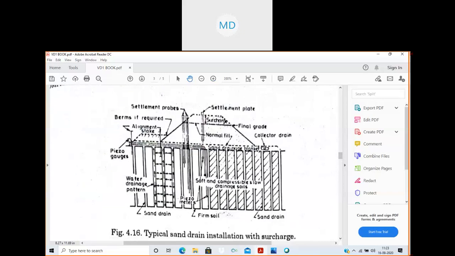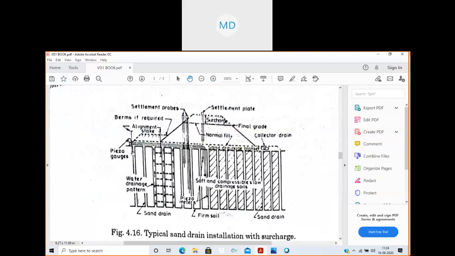This sand blanket layer is laid here in the top portion, and above this sand blanket, preload or surcharge fill is given. This trapezoidal shape you're seeing is the preload applied, the load applied on the top of the soil. If we put some more extra load, this portion is the extra load, and so it is called surcharge. These things I have already told you.